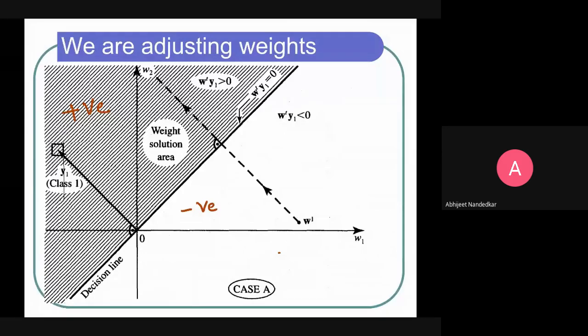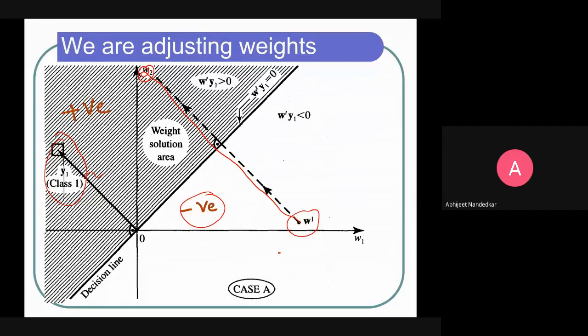So with a neat diagram, if I want to discuss the same thing: I start with W1, then this Y1 given to me is from class 1. Since I am in the negative zone of this decision line, my answer is wrong. So I should travel in a positive direction like this.